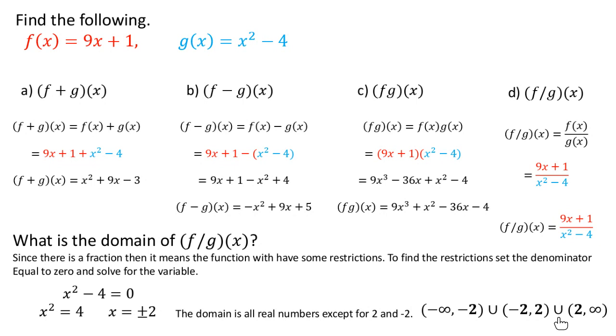Then we have, starting from the right of 2, we start at 2, again parentheses, not including 2, but we can use all of the values after that, so that's until positive infinity, okay? So our domain for f divided by g is given by this interval. Any questions?